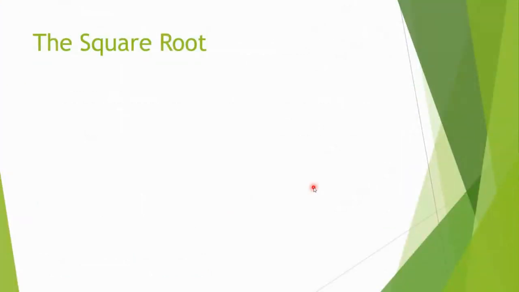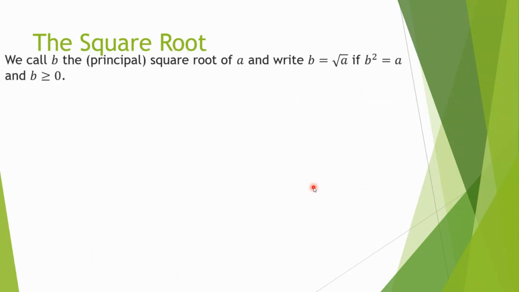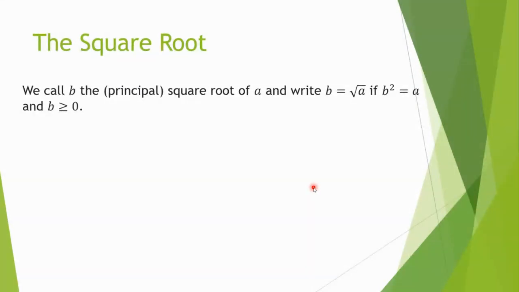Okay. Now, since there are 2 square roots, we probably want to somehow distinguish between them. In other words, when we say the square root, which square root are we talking about? Well, that's where this notation on this slide comes into play. We have this notion of the principal square root, or the square root of a. I think people usually just say the square root.